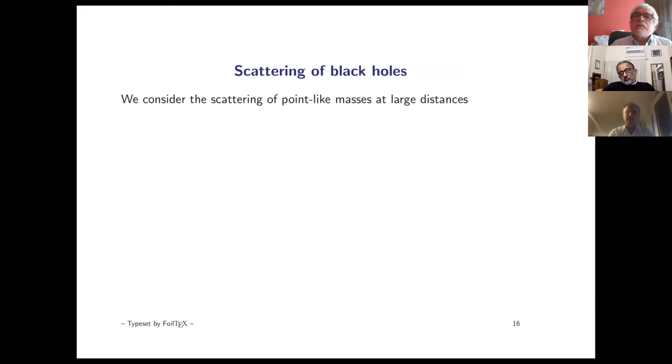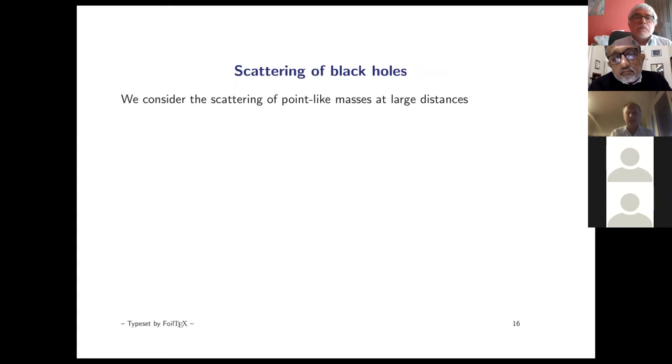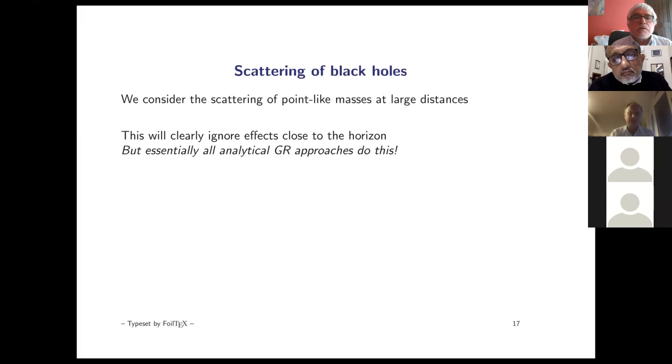Now we're going to look at the scattering of black holes from quantum field theory. Now we're not going to make a quantum mechanical model of black holes. We consider the scattering of point-like masses, but at very far distances so that we completely ignore the black hole features, like say the horizon. So this is large distance scattering or small momentum transfer, small t, Mandelstam t.